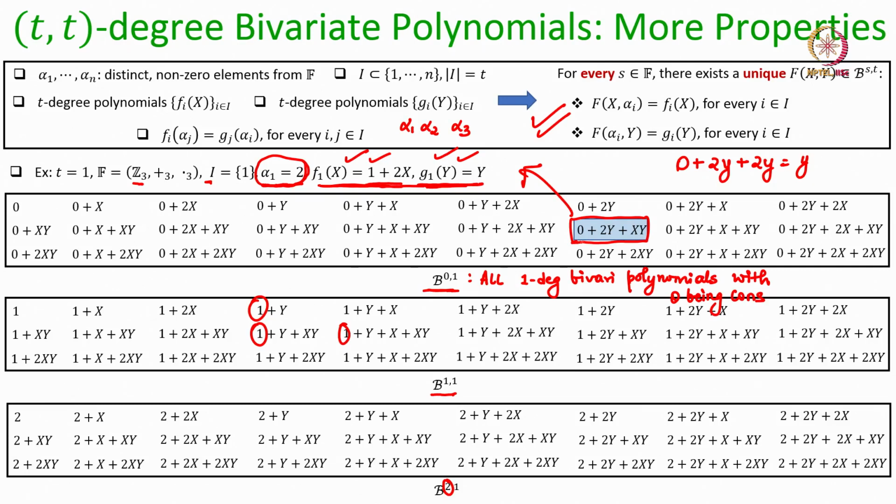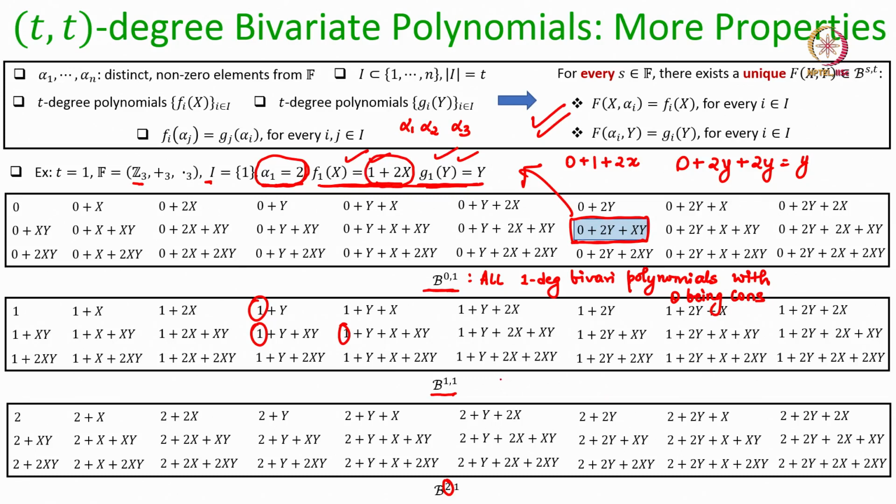So, indeed this polynomial evaluated at x equal to alpha 1 gives you this y univariate polynomial, and now let us evaluate this bivariate polynomial at y equal to alpha 1, namely y equal to 2. So, at y equal to 2 it will be 0 plus 2 into 2, 4 is 1, plus 2 times x. So, 2x plus 1, which is the case.